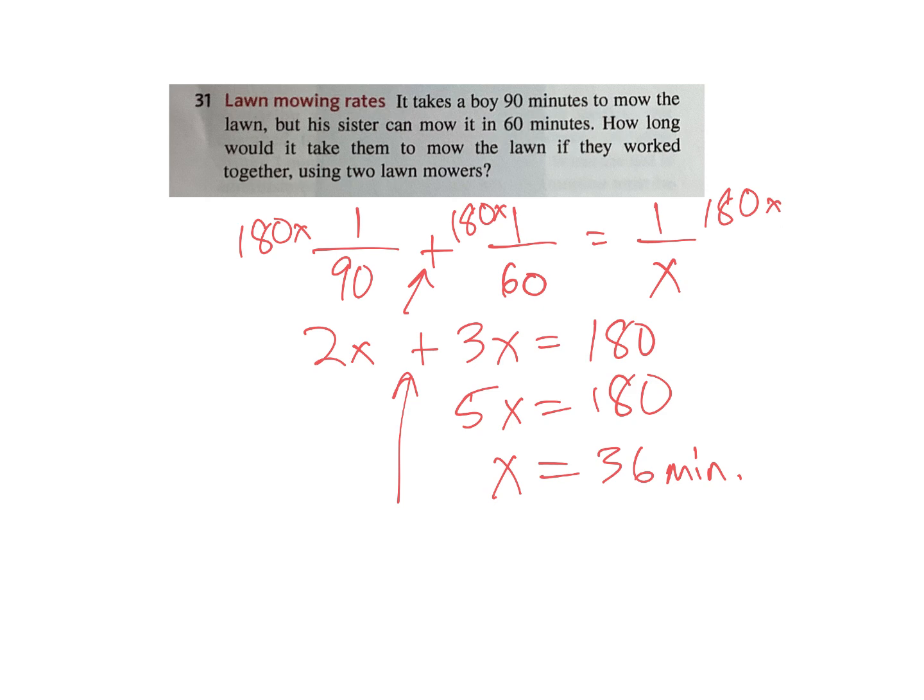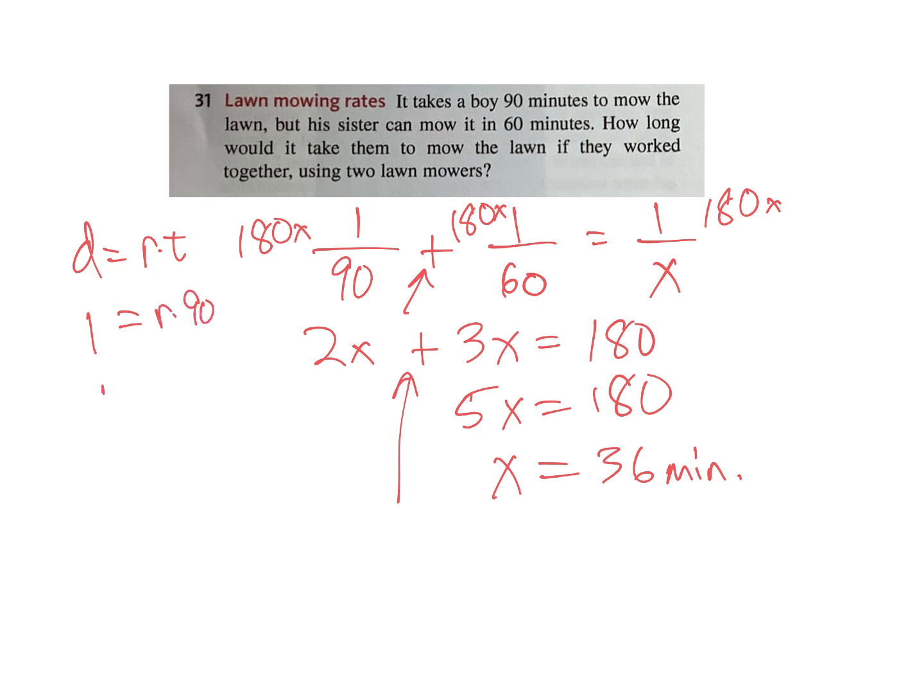His speed is 1 lawn per 90 minutes, okay? So that's the rate at which they're doing it, all right? And the one lawn is kind of like your distance, because you're actually walking, pushing, and mowing the stuff, or maybe you're riding. So distance is your rate times time, and you can do one lawn, which is your distance, in 90 minutes. 90 minutes is your time.